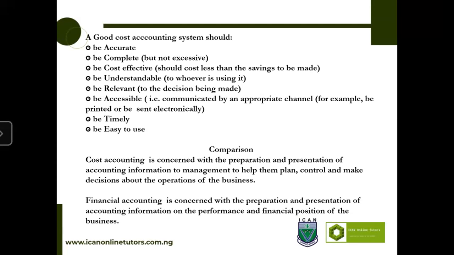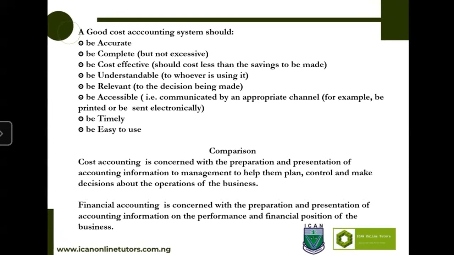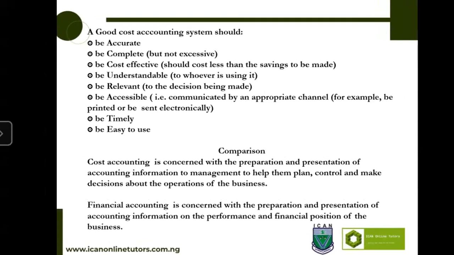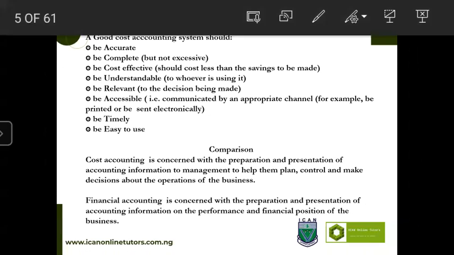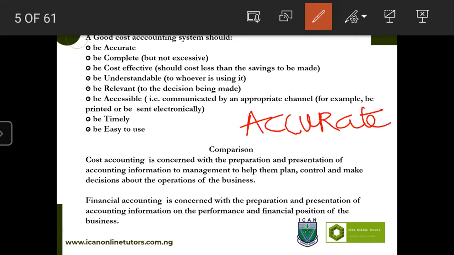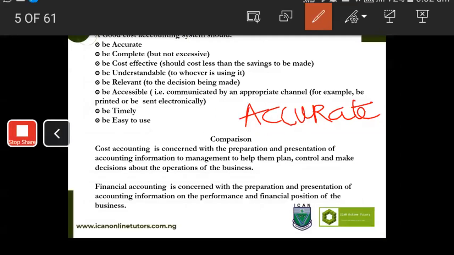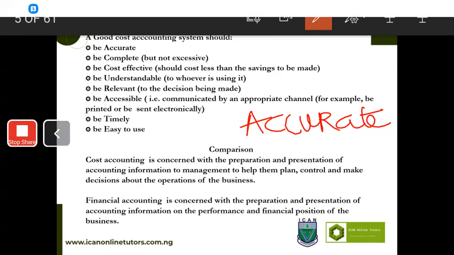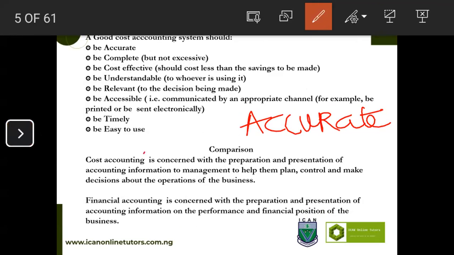And for a good information system to be relevant, it must have some characteristics, which I have called ACCURATE. It is the ACCURATE that I have used for you as the importance of a good cost accounting system. And these are what I have already listed here.